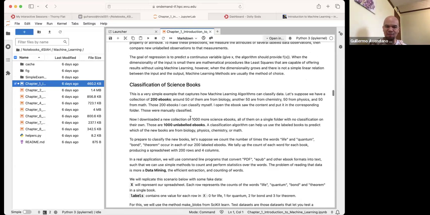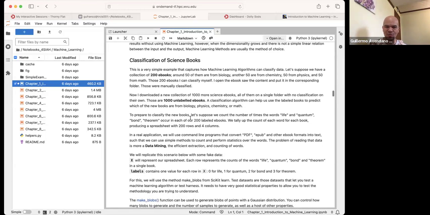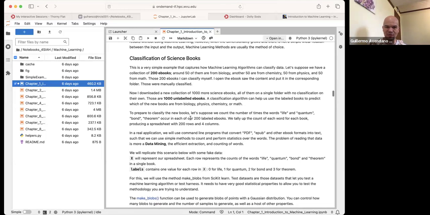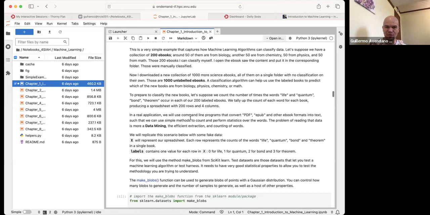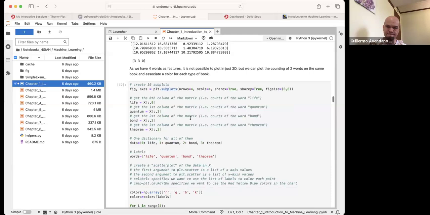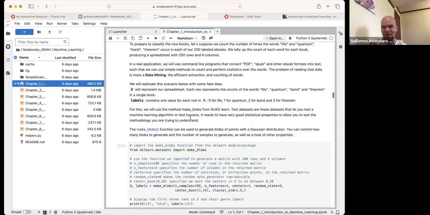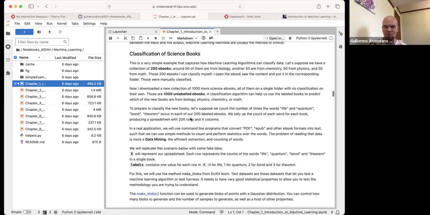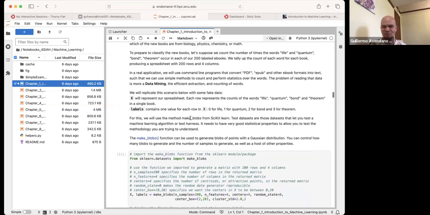So let me see here. Well, I will rush this. What I'm doing here is presenting a very small case to illustrate the elements of classification.